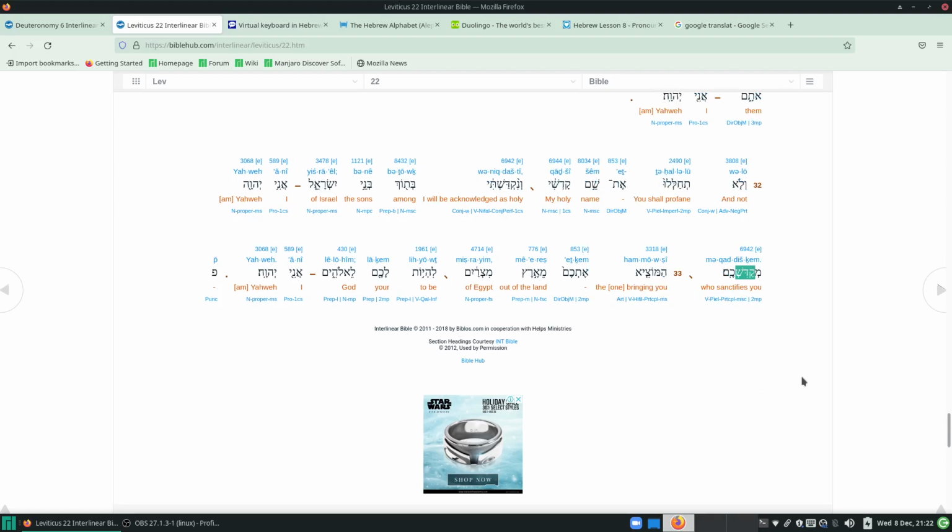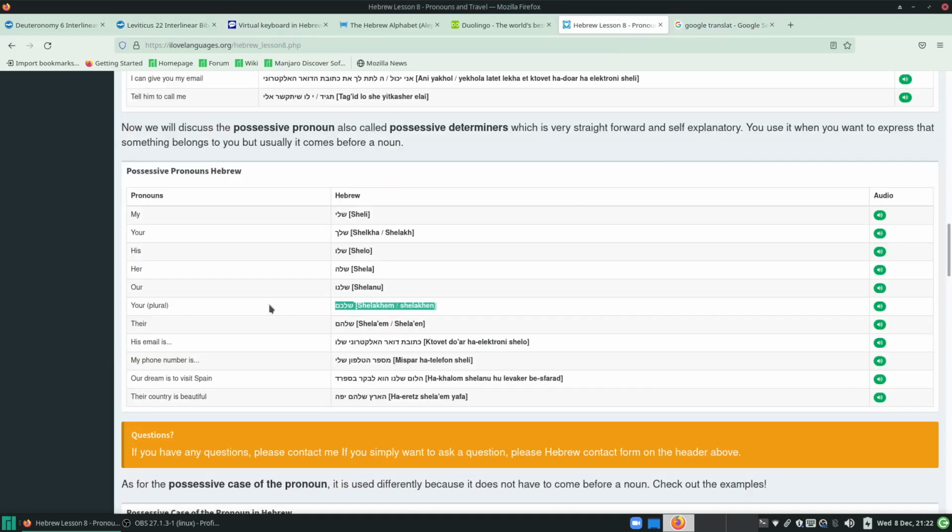Okay, but I have not gone through those letters yet. But you see, kadosh is the word holy. So Mekadosh is like, I think, to make holy or something like that. And the chem here is plural you, just like what you see over here.